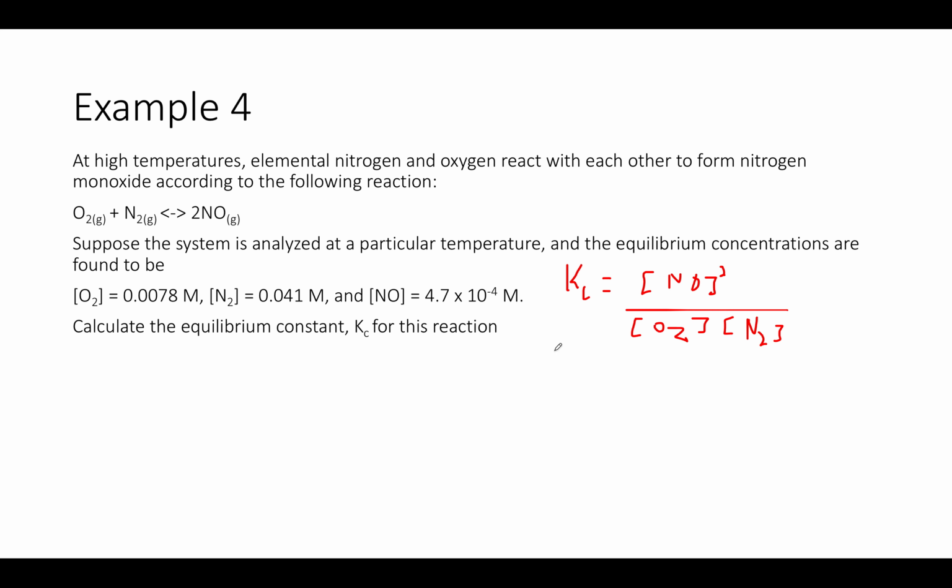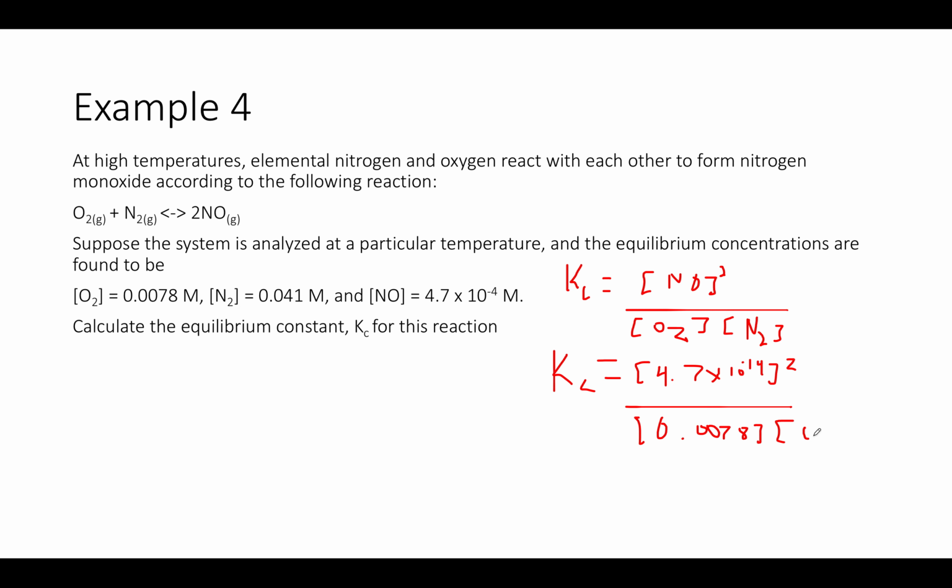So if we're looking for the equilibrium constant at these concentrations, it would be the concentration of nitrogen monoxide, which is 4.7 times 10 to the negative 14th, squared, divided by the concentration of oxygen gas, 0.0078 molar, times the concentration of nitrogen gas.